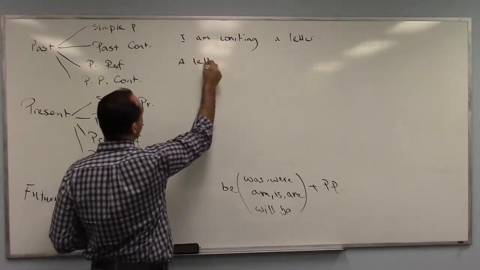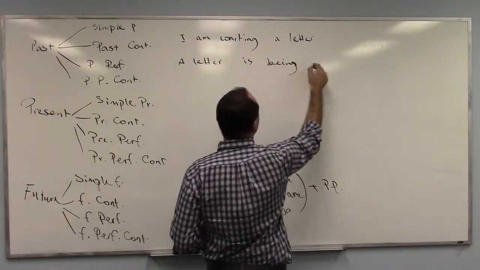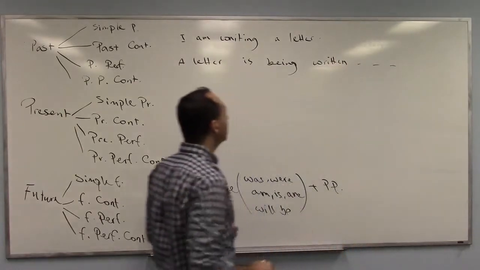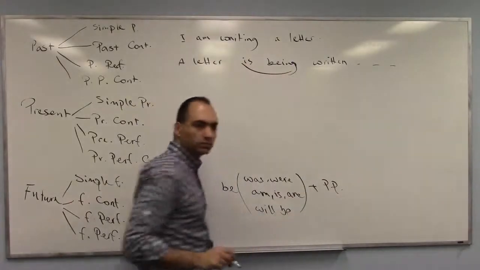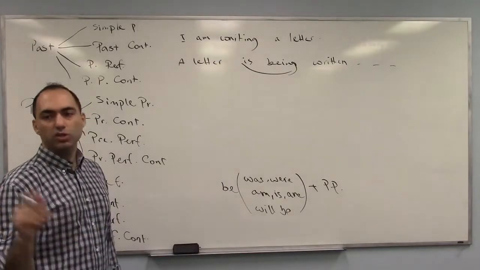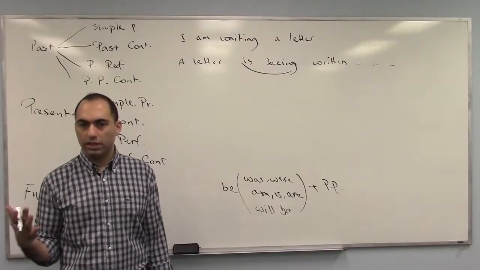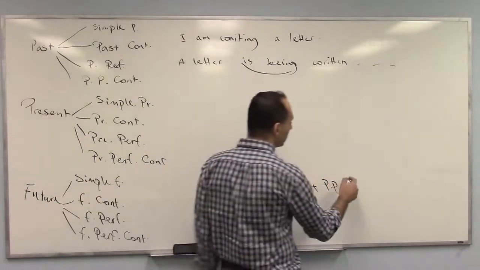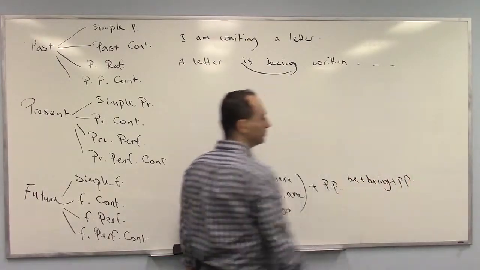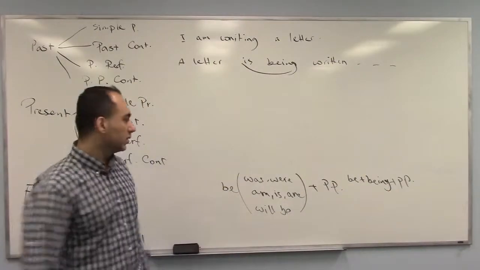A letter is being written. Now I can go on, by me. So the point is this is being. If it's I'm writing 2 letters, 2 letters are being written. So the point is it will be being. Be plus being plus past participle. So this is simple.